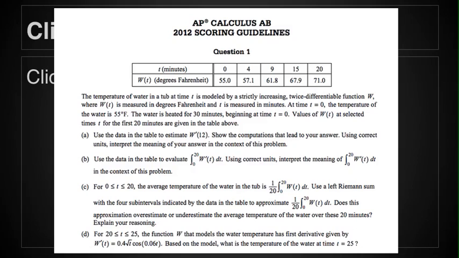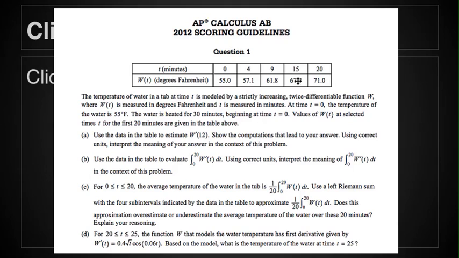Okay, so we're asked to find W prime of 12, and we're given values which give us W of t. Derivative means slope, so we need to find the slope at t equals 12.